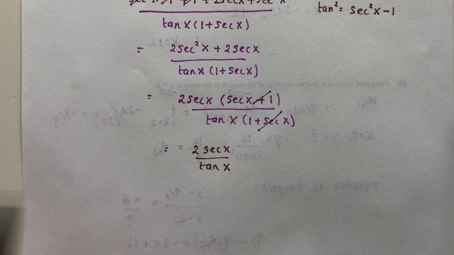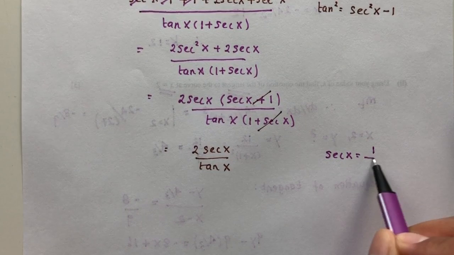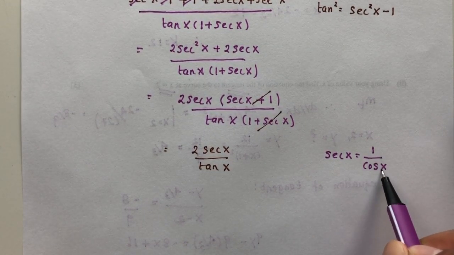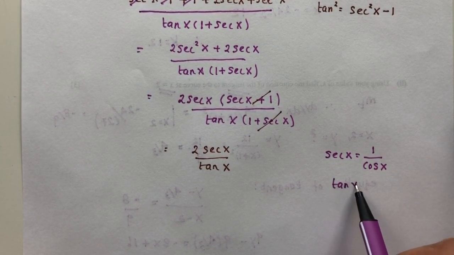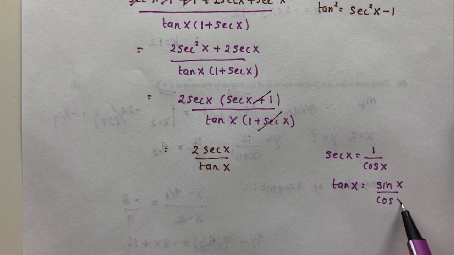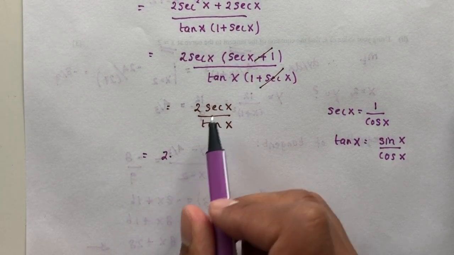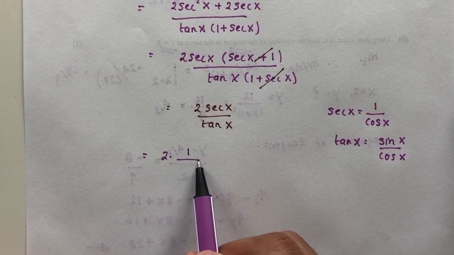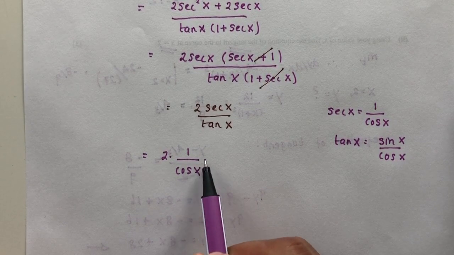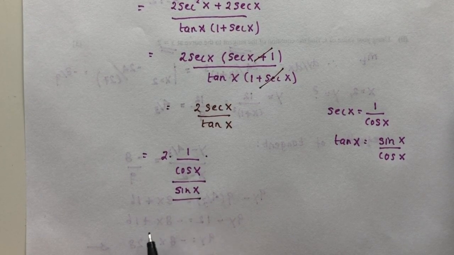So now we have to simplify this. What is sec x? As you know already, it is 1 over cos x. And what is tan x? It will be sin x over cos x. So back to the equation, you will have 2, sec x will be 1 over cos x, and it is divided by tan x, which is sin x over cos x.